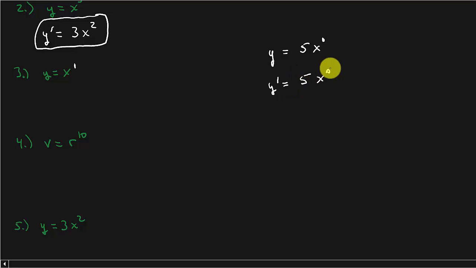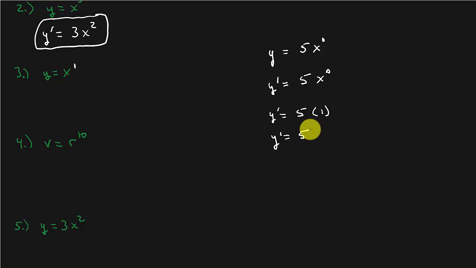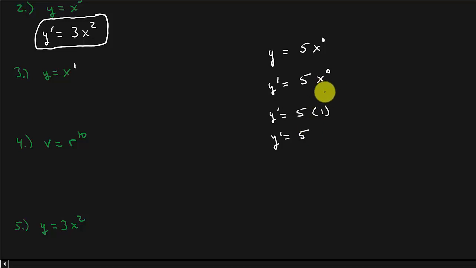So you got 5x to the 0. Well, let me ask you this. What is x to the 0? Well, anything raised to the 0 power is what? 1. And so we get y prime equals 5. You see that? Now, you're not going to do all this work for that.